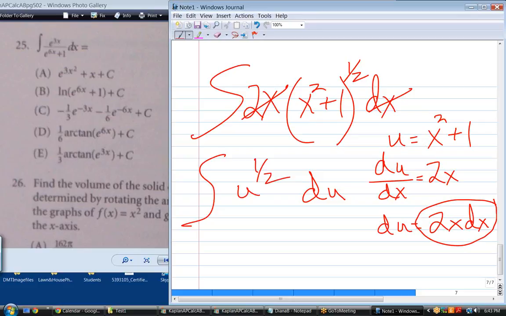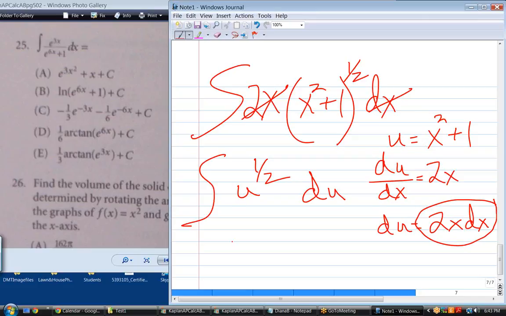Very simple to integrate. What's the integral of this? The way I do my power rule, I think it's a little different than the way you do yours. You can do it either way, whichever works for you. But for me, the easiest is to immediately add 1 to the exponent and divide by the new exponent. Those are the only two things you need for the power rule.